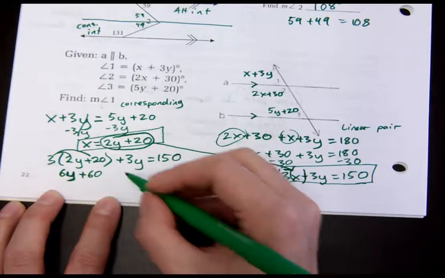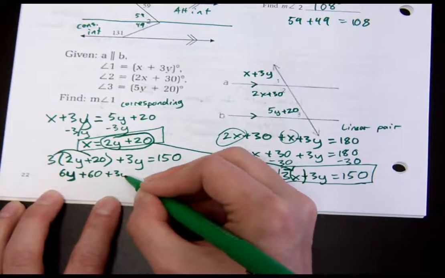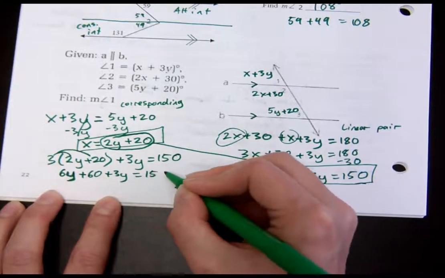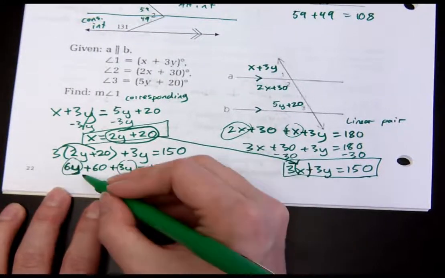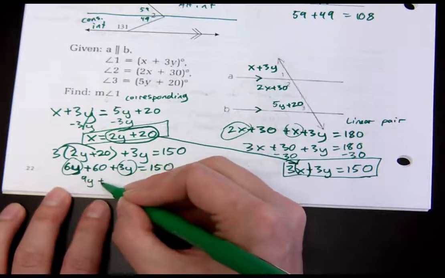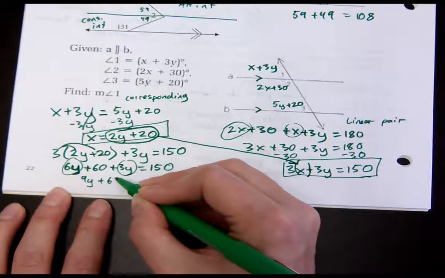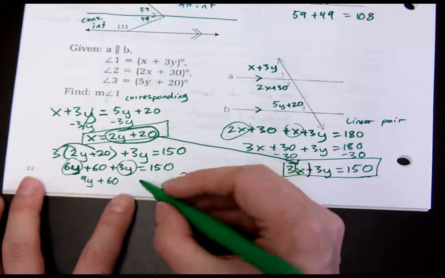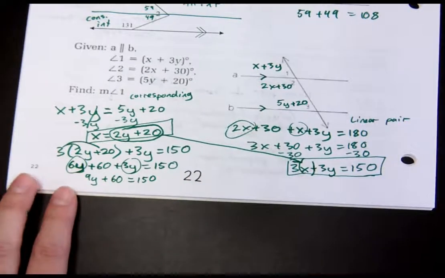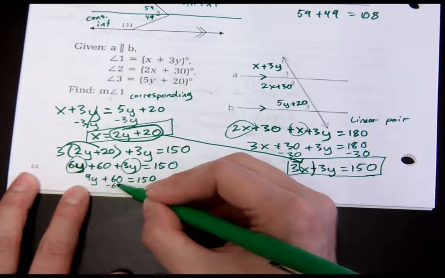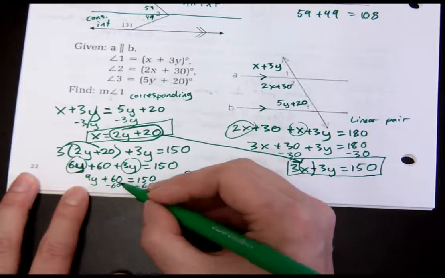So 3y plus 6y plus 60 plus 3y equals 150. 9y plus 60 equals 150, minus 60.